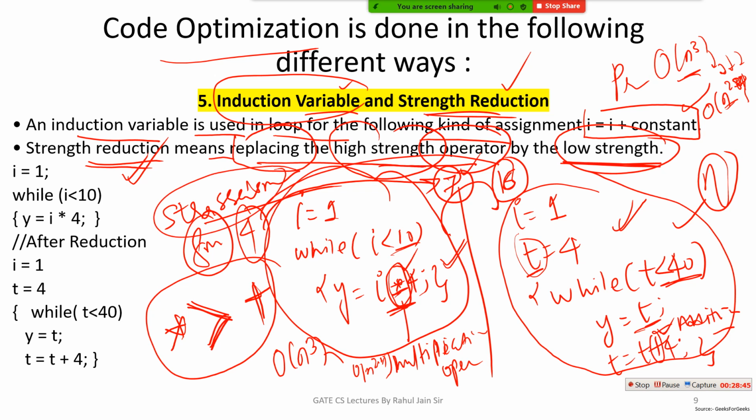So Strassen's matrix multiplication is a live and practical example of induction variable or strength reduction.